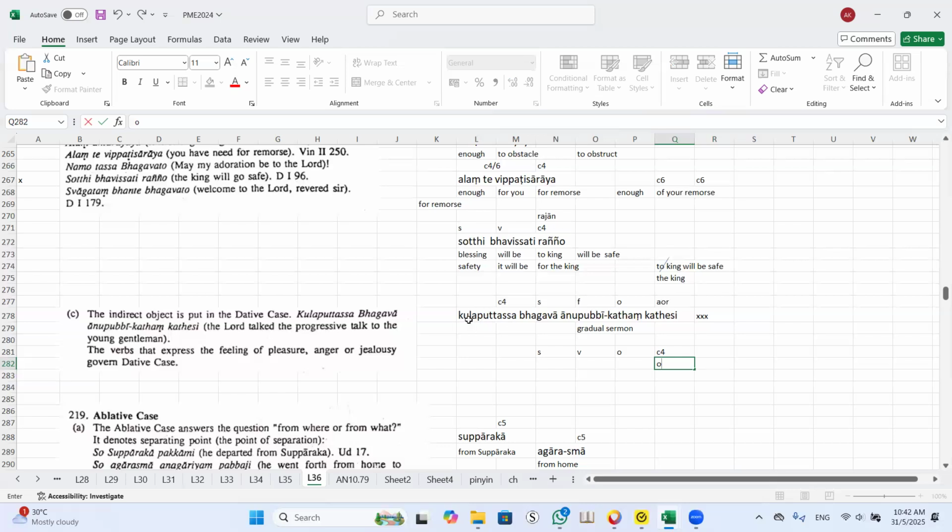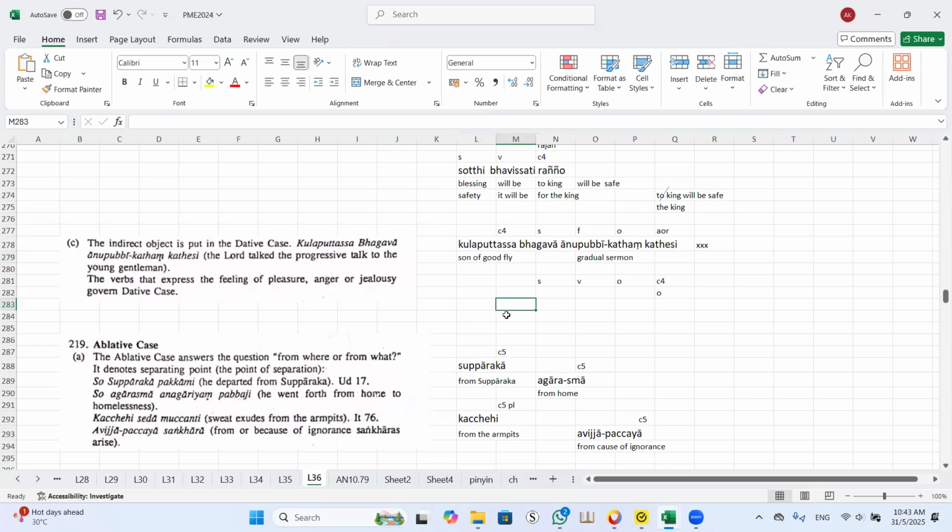Normally, Kula is a clan or family, to a good family. So here, the word young gentleman, because why young? Putta is the son, a son of good family. And usually they will become a Sotapanna.